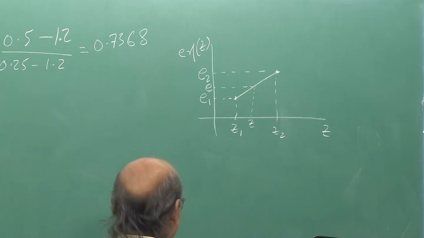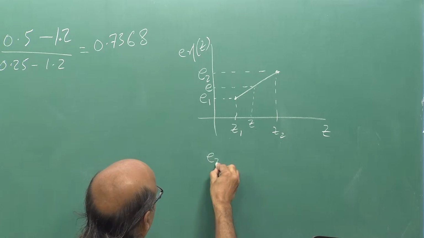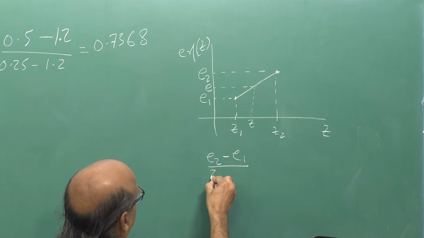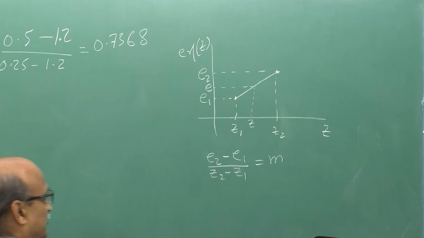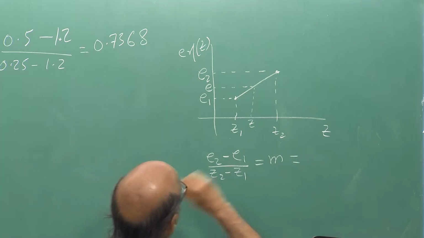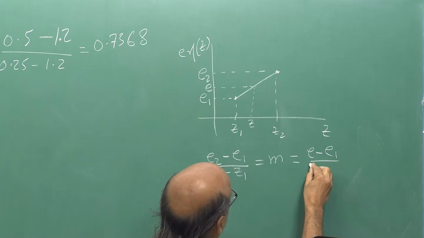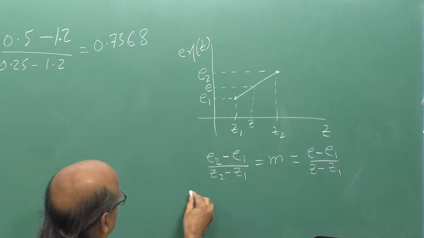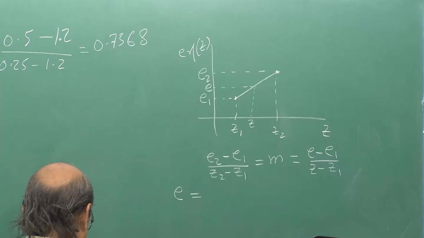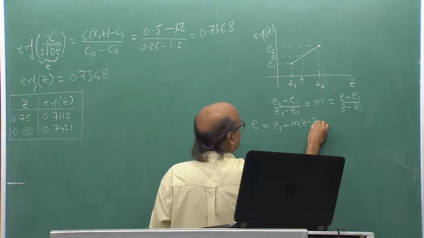So, this we can write. The slope of this line can be written as (E2 minus E1) divided by (Z2 minus Z1), and let me call that M, the slope. This is also equal to (E minus E1) upon (z minus Z1). Hence, I can write E is equal to E1 plus M times (z minus Z1).